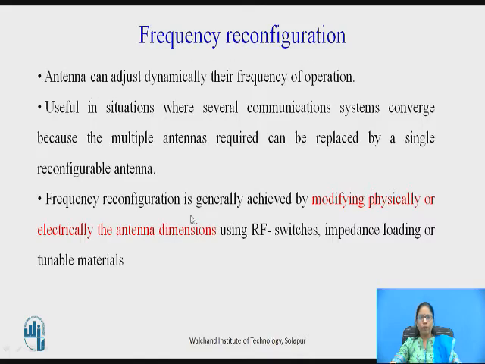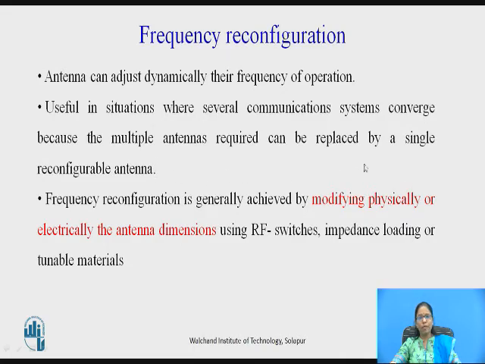Frequency reconfiguration is where the antenna can adjust dynamically the frequency of operation. It is useful in situations where several communication systems converge, because the multiple antennas required can be replaced by a single reconfigurable antenna.